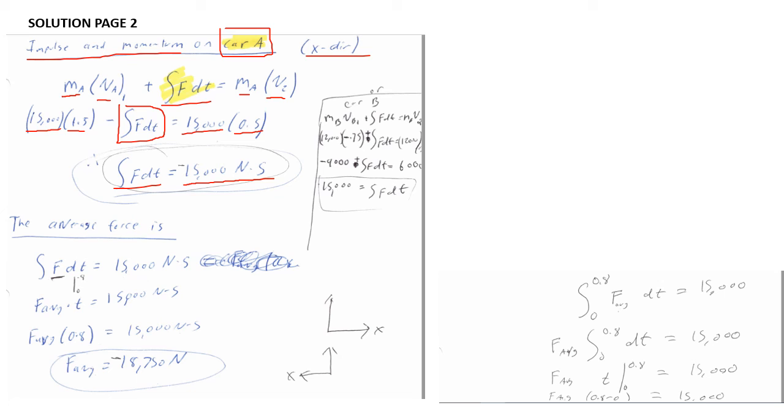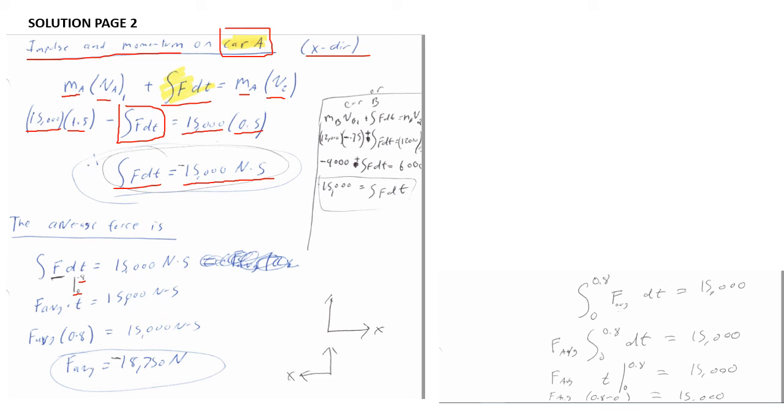We can actually do out this integral if we need to. So the integral of F dt, evaluated from 0 to 0.8 for our time, equals negative 15,000. F is constant, so we pull that out front, and the integral of dt becomes t.